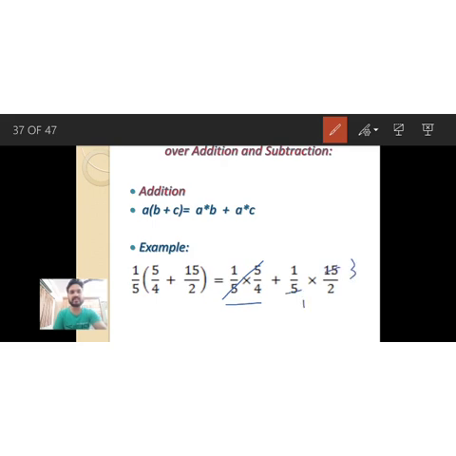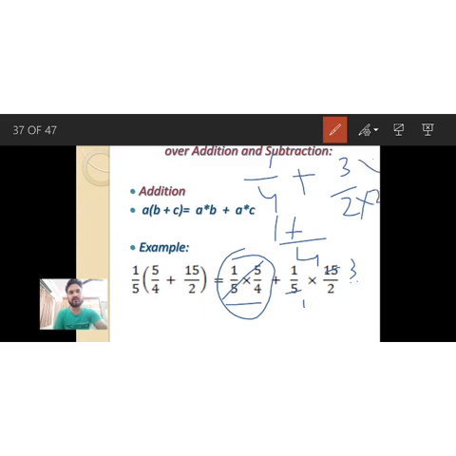What is our final answer of this? 1 by 4 plus 3 by 2. Now the LCM of 4 and 2 is 4. Here 4 is there, so we just write 1, now plus. Here 2 is there, so we have to multiply by 2 on the upper side and the lower side because we have to make a 4.